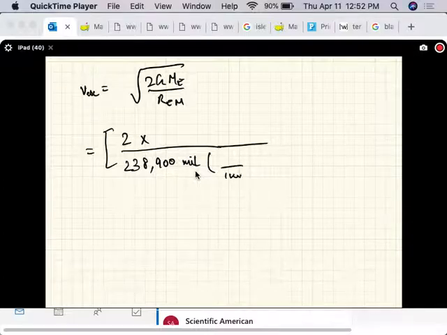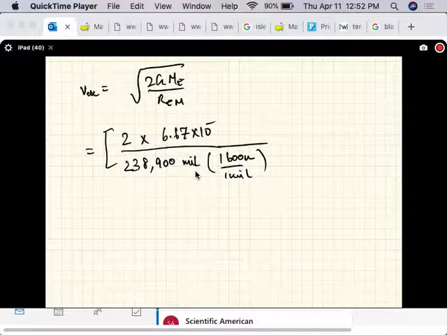Okay, so we want it in meters. G is 6.67 times 10 to the minus 11.